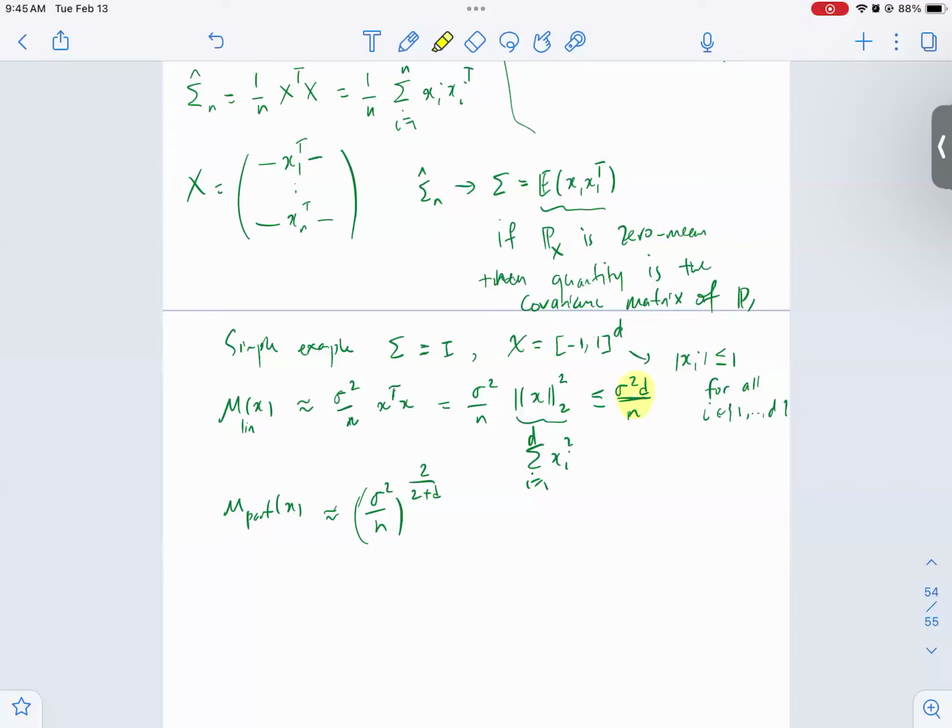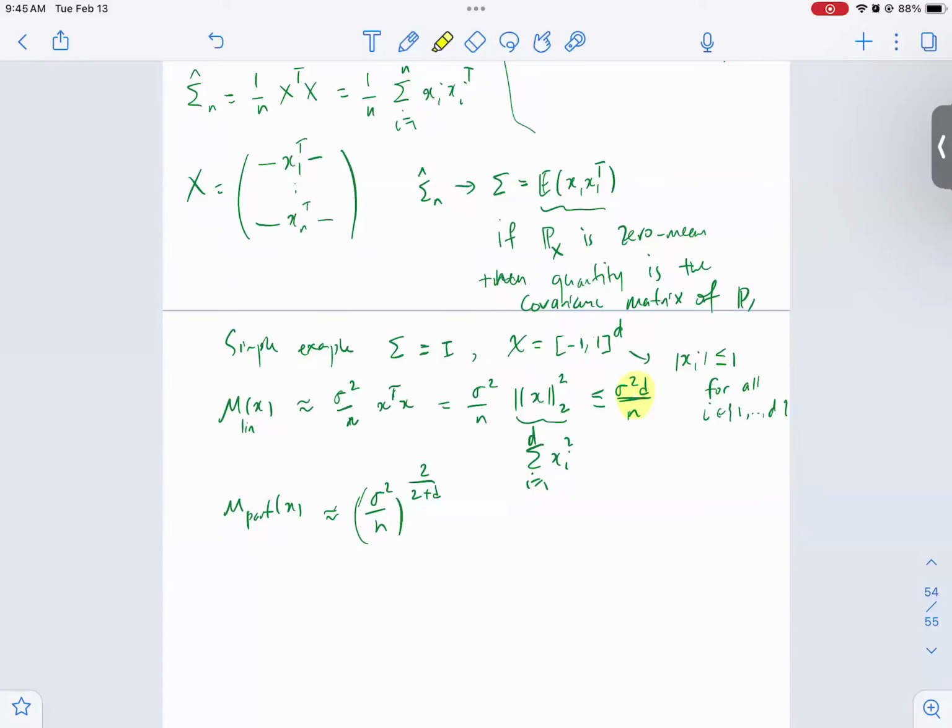The reason is that you can see the d appears in the power, so the rate changes. If d was very large, you get 2 over something very large, so this exponent is pretty close to 0. You get 1 over n to some very small fractional power, and so this goes down very slowly.